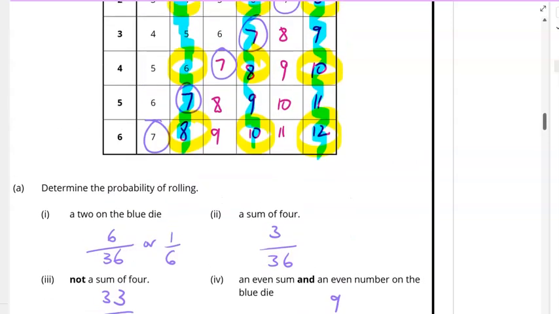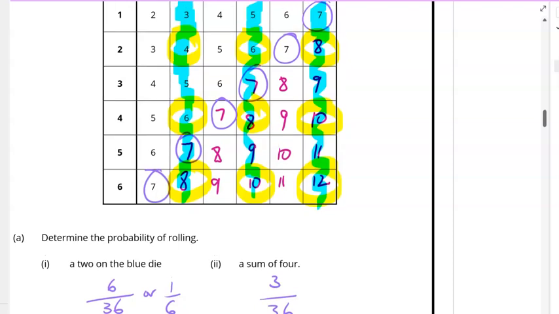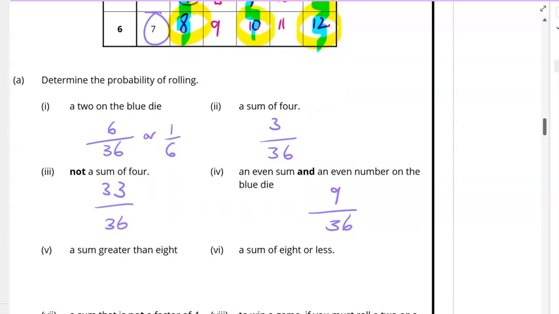Greater than 8, does it include 8? No. So greater than 8, we've got 1, 2, 3, 4, 5, 6, 7, 8, 9, 10. So 10 out of 36. A sum of 8 or less. What do you know about part 5 and 6? If it's not greater than 8, it's got to be 8 or less. Complementary events, again, so you don't need to go and count all of those.